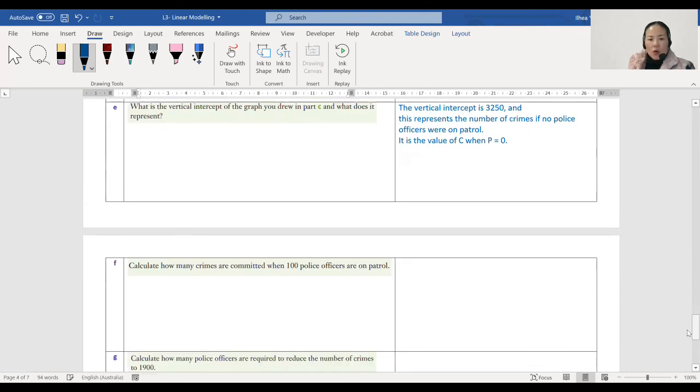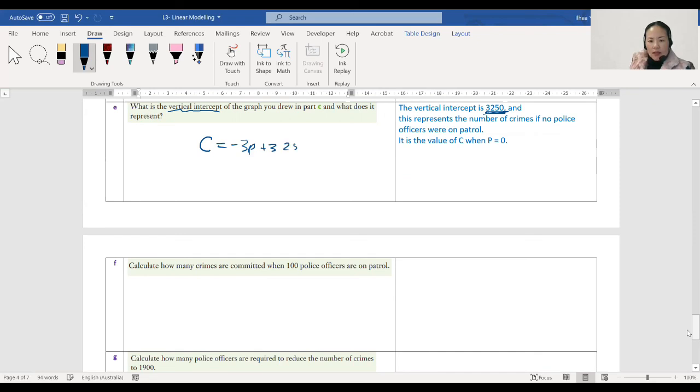E. What is the vertical intercept of the graph you drew in part C, and what does it represent? The vertical intercept is the y-intercept, which is 3,250, because C equals minus 3P plus 3,250.